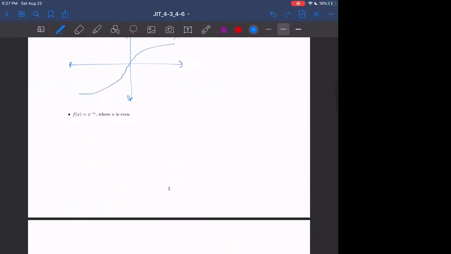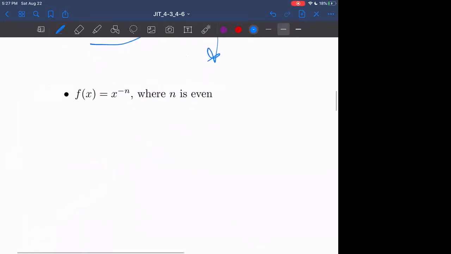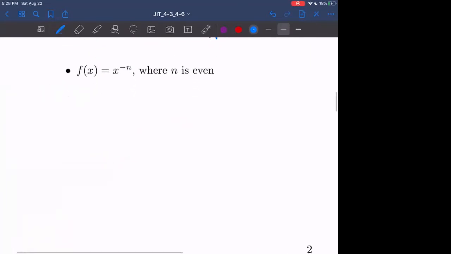And then the last case we'll look at is if we have x to a negative power. And that again is broken down into two cases. n is going to either be even or odd.